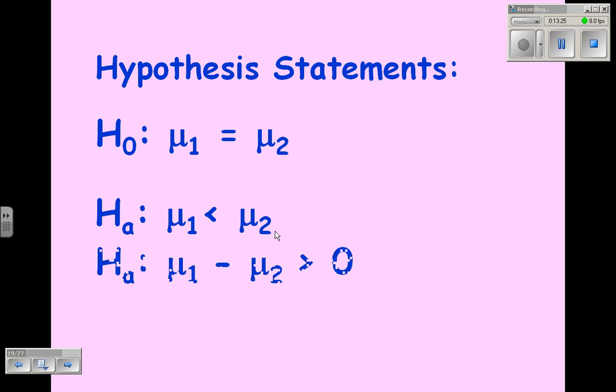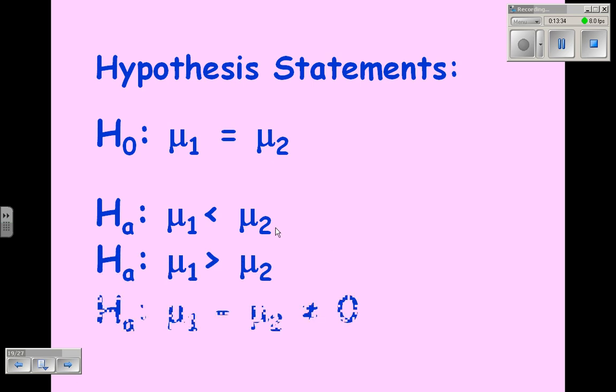Or you could flip it around and do mu1 minus mu2 is greater than 0, in which case you could write mu1 is greater than mu2. Or you could write mu1 minus mu2 is not equal to 0, which means mu1 does not equal mu2. So any of those versions are acceptable.